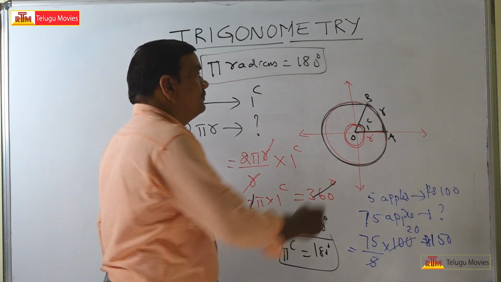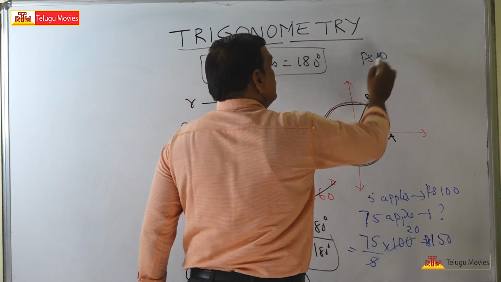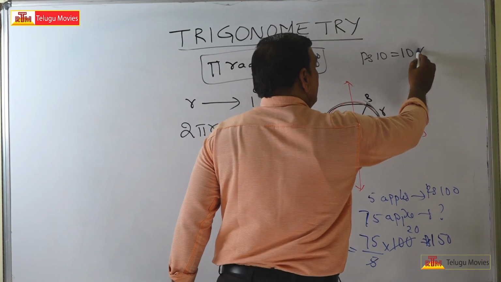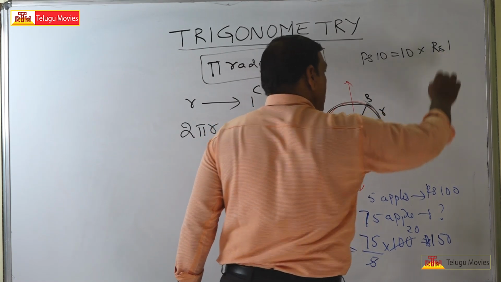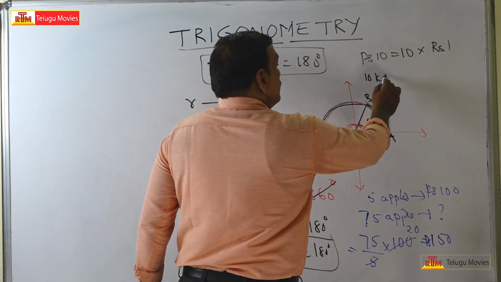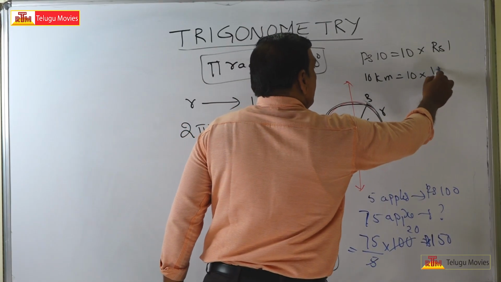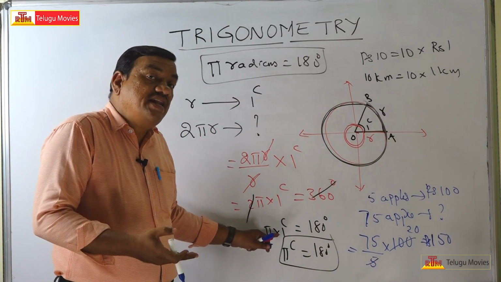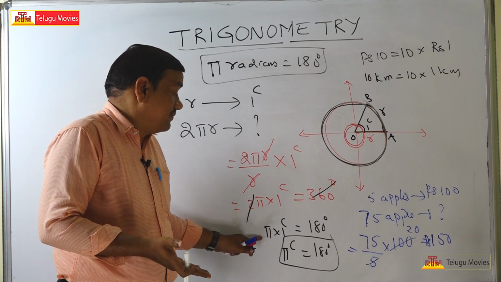See here, 10 rupees means what? That is 10 into 1 rupee. 10 kilometers means what? 10 into 1 kilometer. Here also, how many radians are there? Pi radians are there.